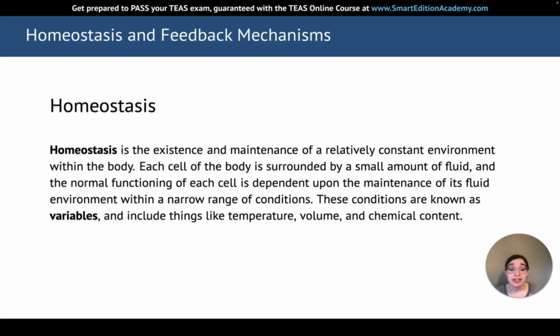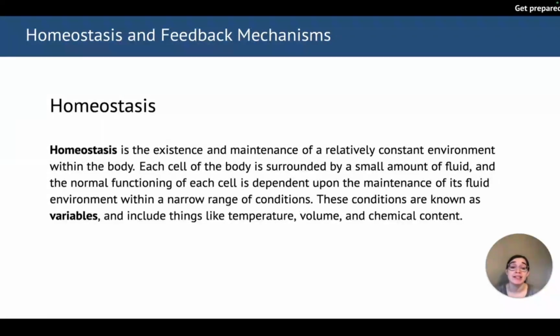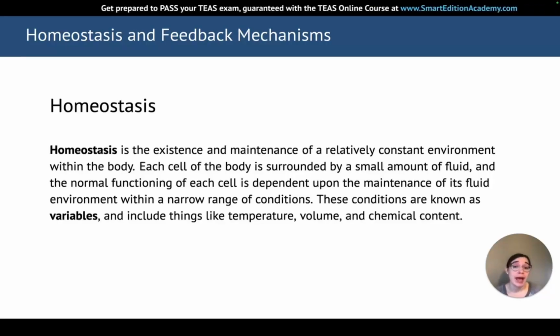These conditions, as we've seen a little bit earlier on in the presentation, are known as variables, and they are subject to change. They thus need to be controlled. Variables include things like temperature, volume, as well as chemical content and a whole host of other conditions.